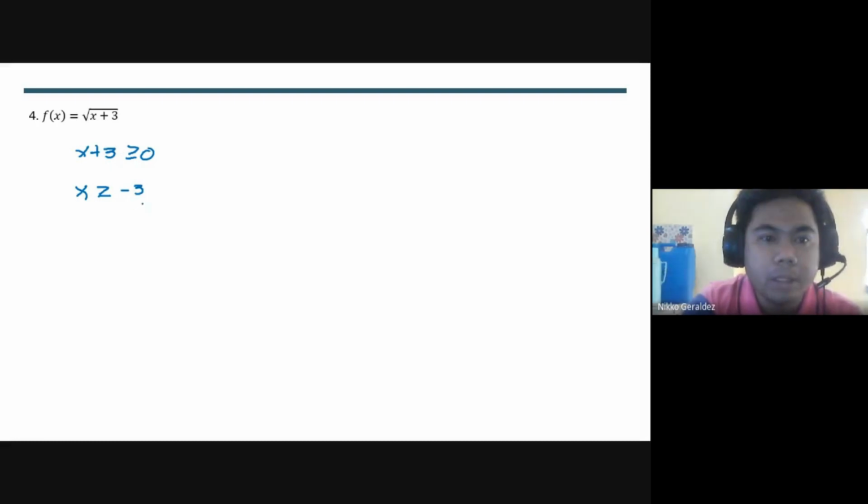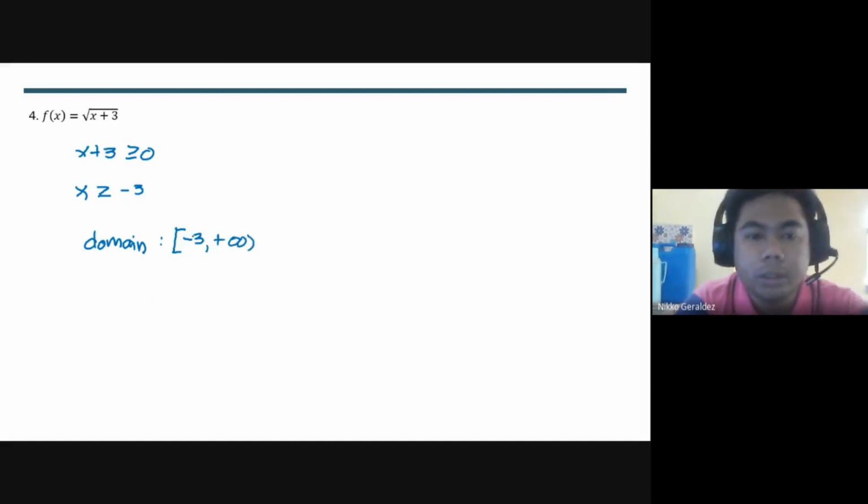So kapag nag-less than negative 3 ka dyan, so example, negative 4. So negative 4 plus 3, so equal to negative 1. So wala kang real roots, no? Kasi meron kang negative, square root of negative number. So yung domain mo for this function is negative 3 to positive infinity. So negative 3 is included in the domain.